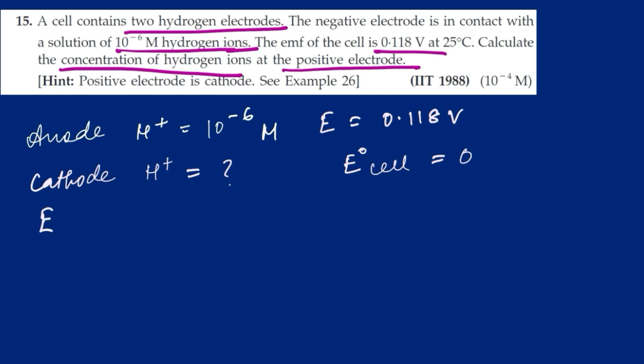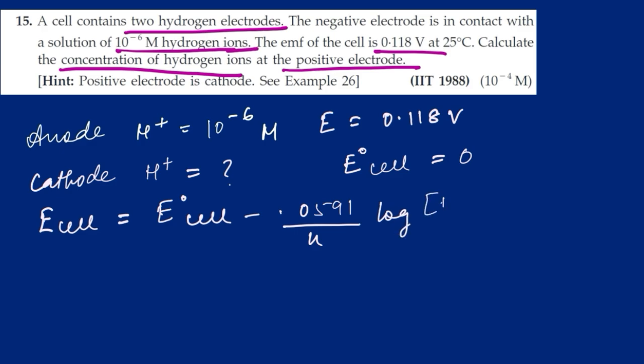Now E cell is equal to E naught cell minus 0.0591 by n log H plus ion concentration at the anode, A represents anode, divided by H plus ion concentration at cathode, C represents cathode. Now what is the number of electrons involved?